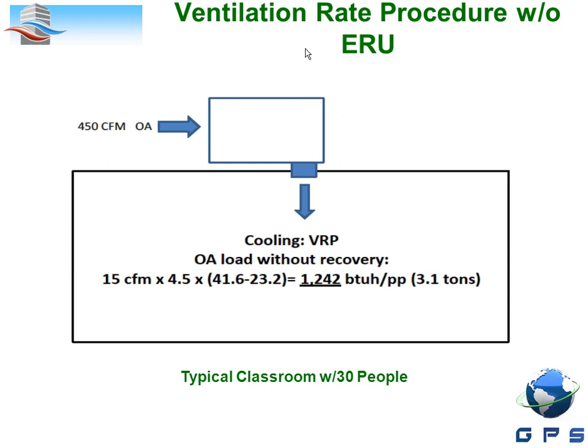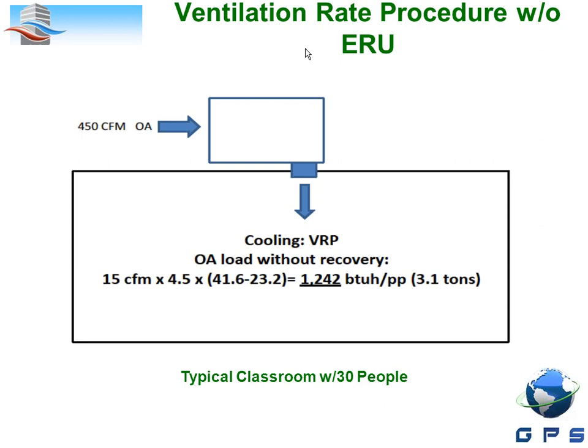When we're looking at outside air reduction, basically this is a classroom, and we're going to say 15 CFM per person. That means we have to bring in 450 CFM of outside air. The penalty for bringing in that much outside air is going to be just over 3 tons.